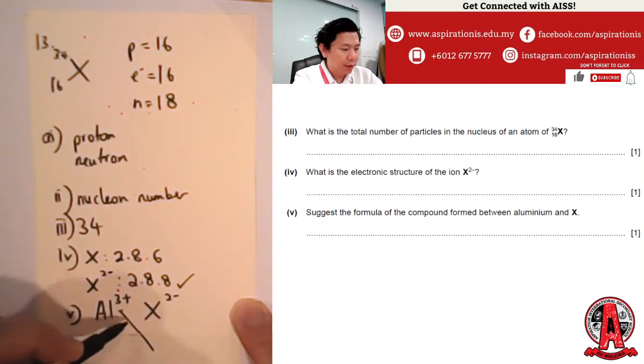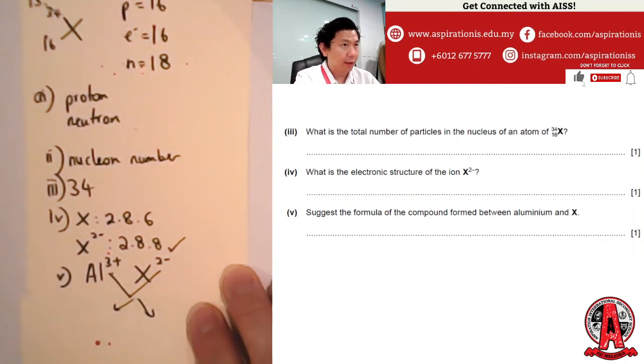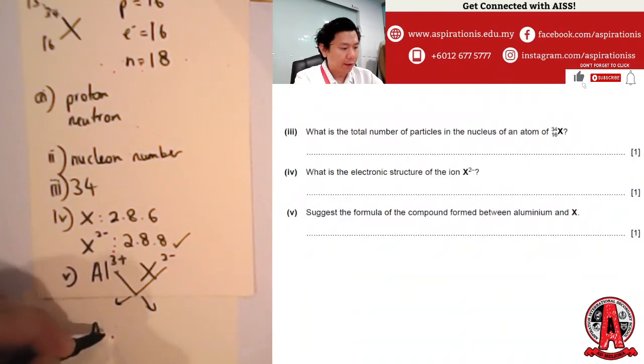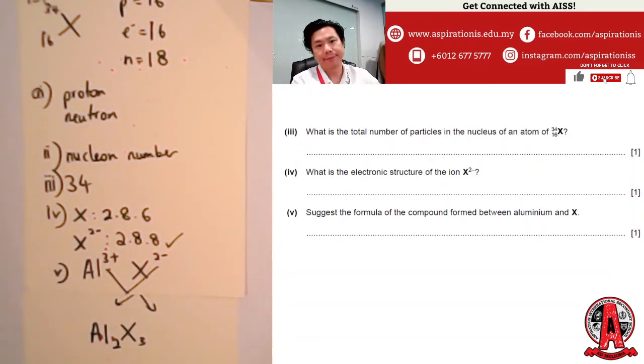So 3 and 2. So ultimately, the answer will be Al2X3. So this is the answer to part 5.